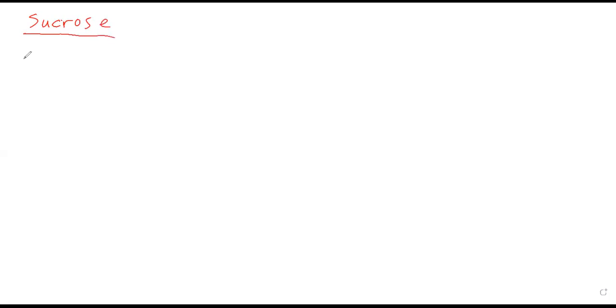So sucrose is made up of alpha glucose. Once you get to the disaccharides and polysaccharides, you need to know the monosaccharides that make them up. So for sucrose, it is alpha glucose and beta fructose.